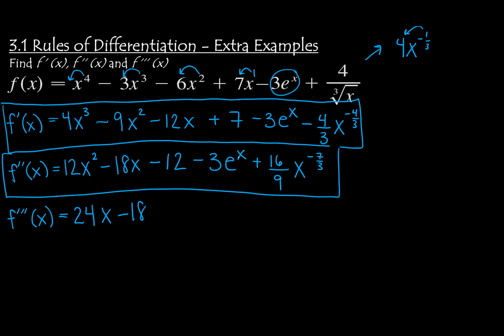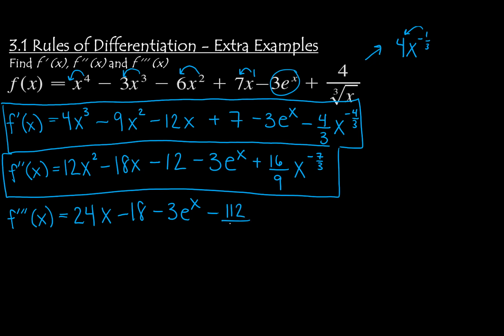I take the derivative of negative 3 e to the x. Notice that nothing happens to it again. It just has no effect on it. And then here, when I take this derivative, I'm going to have to do negative 7 times 16. So I'm going to get negative 112.